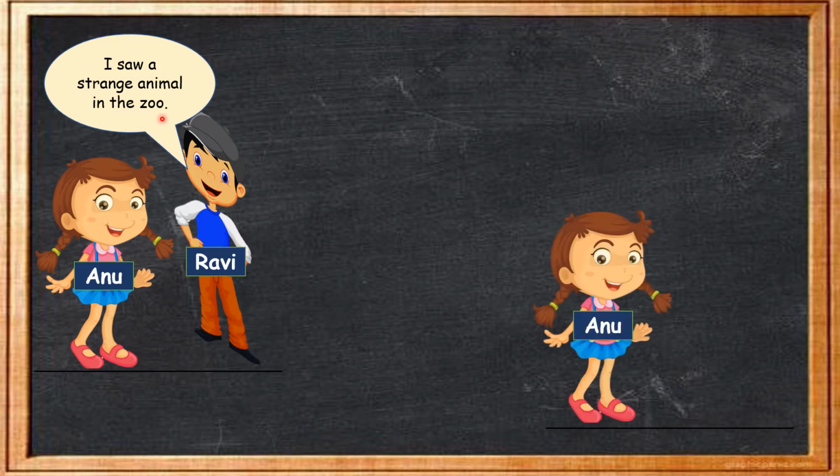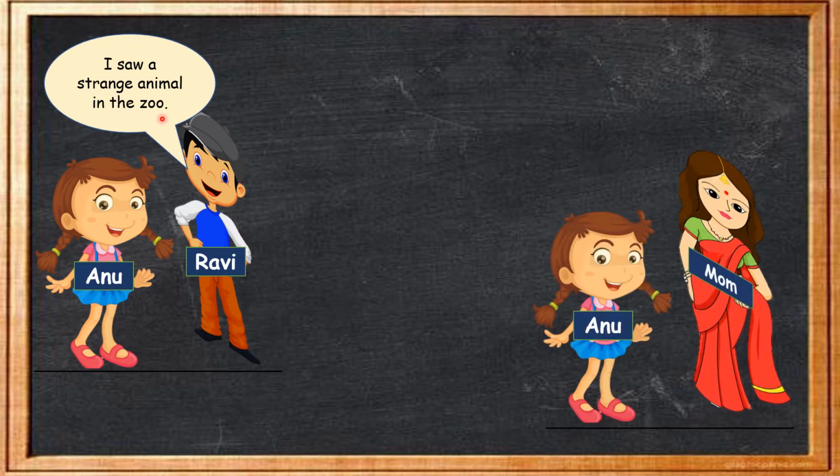Now, after going home, Anu shared what she has heard from Ravi with her mom. So there are two ways, children. First, she can exactly quote the same words that Ravi has said.